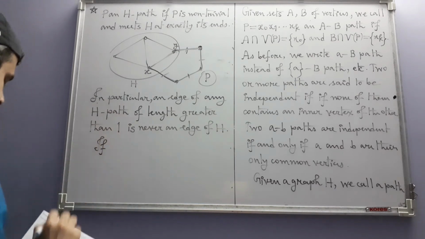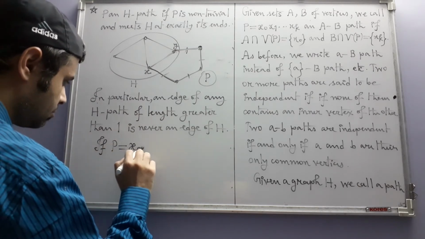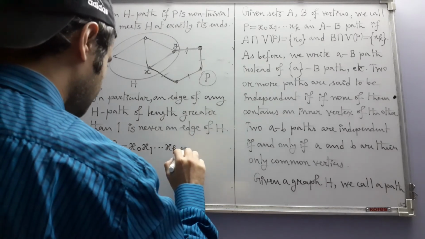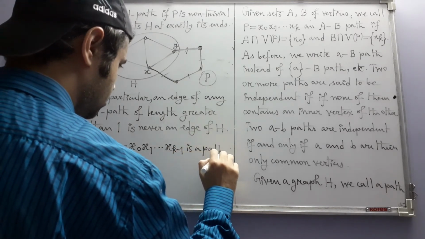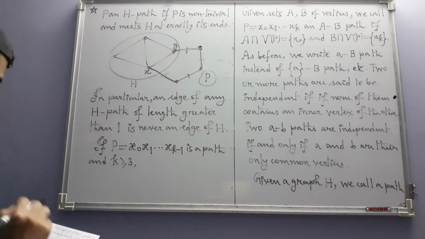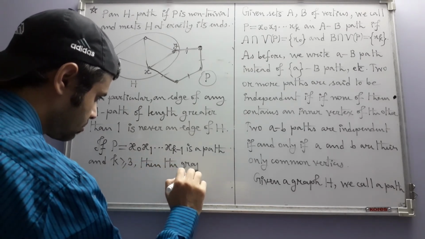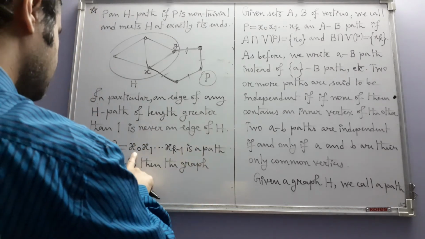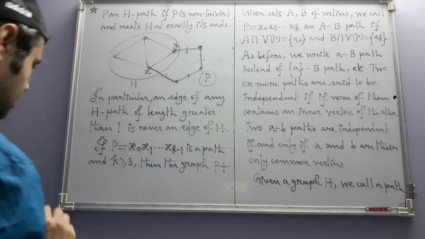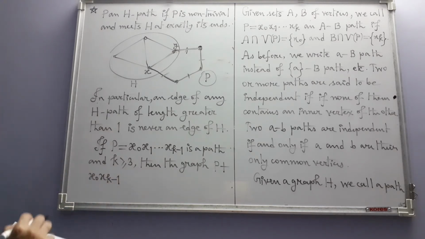If P equal to x0, x1, etc. to xk minus 1 is a path and k is greater than or equal to 3, then the graph obtained by joining x0 with xk minus 1, which is nothing but P plus x0 xk minus 1, is called a cycle.